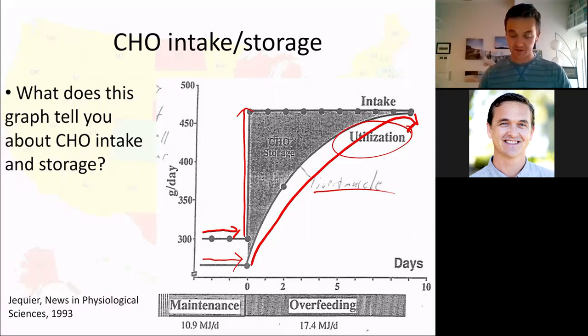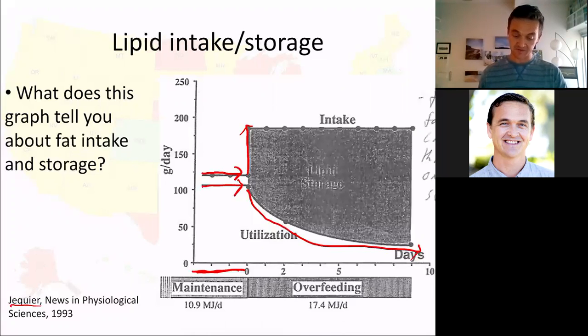Okay, and so that was the case with carbohydrates. But the problem is their energy expenditure wasn't changing. So if their utilization of carbs went up by a couple hundred grams per day, then that means they didn't need to burn as much fat, right? So if they don't need to burn as much fat, then their fat utilization has to go down. And what happens to that extra fat? It all gets stored, right?